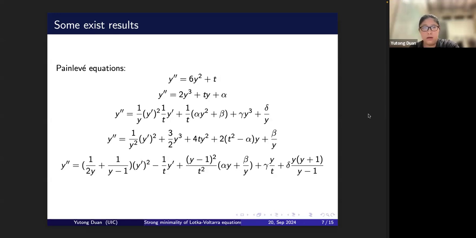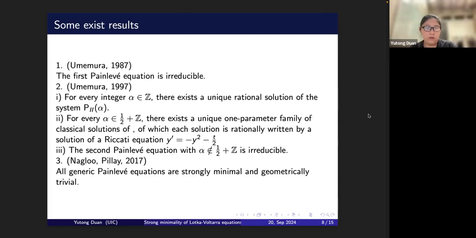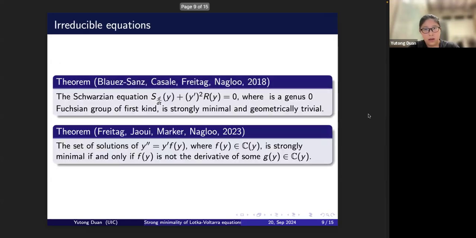If you have several parameters, look at the parameters in the space C to the number of your parameters; generic Painlevé equations just mean those parameters are generic points. So that's some of the results I'm going to talk about. And not only can you prove strong minimality for Painlevé equations, you can also prove it for the Schwarzian equation and also the Poisson equation.